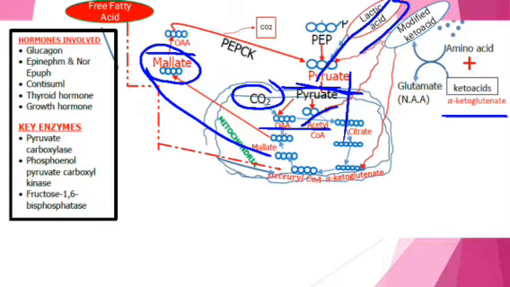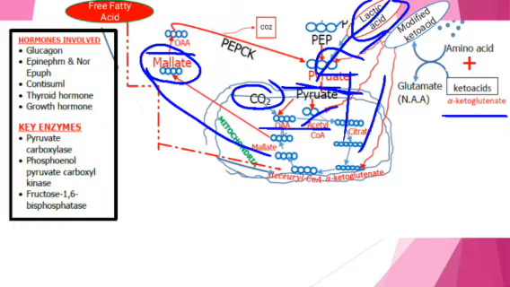Also, from modified keto acids and lactic acid, we imagine them entering as pyruvate directly. So if there is low blood glucose, the modified keto acid wouldn't bother entering the TCA cycle.